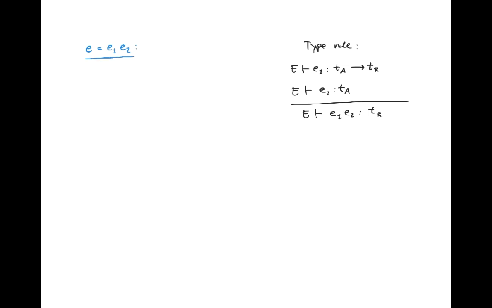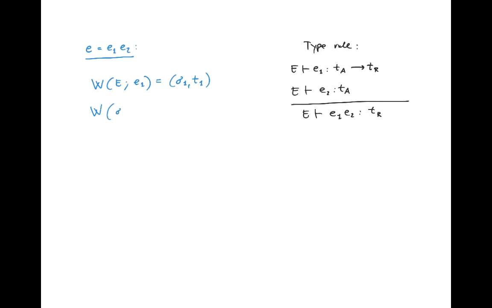So what do we do here? Well, we must find the type of e1. So what we do is that we call the W algorithm on e1. We get back a substitution, sigma 1, and the type of e1, which is T1. And then now we know the instantiation of the type variables. Then we apply those instantiations to the type environment.